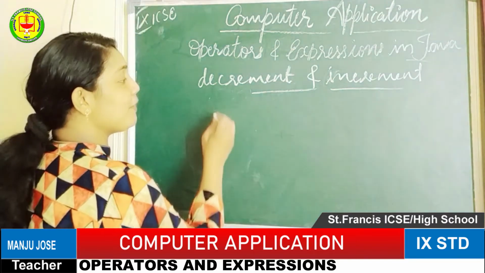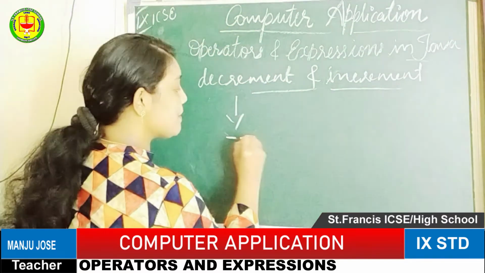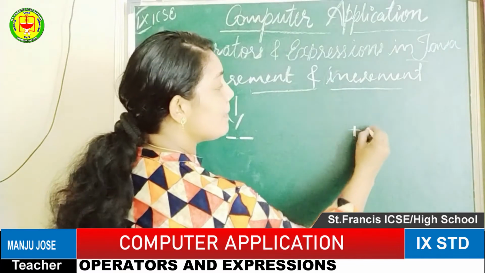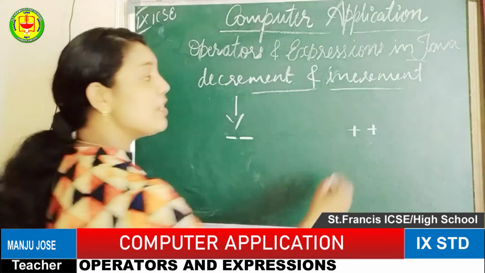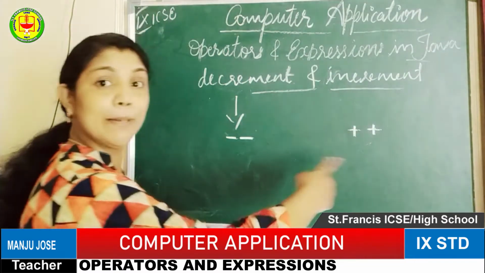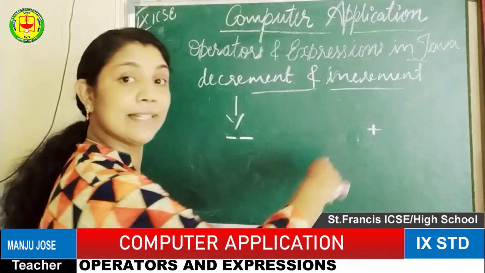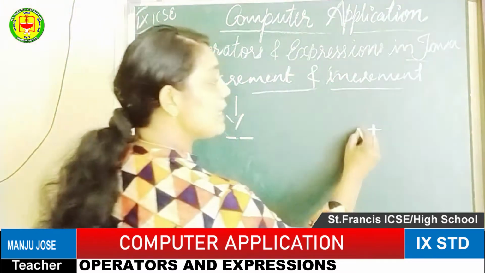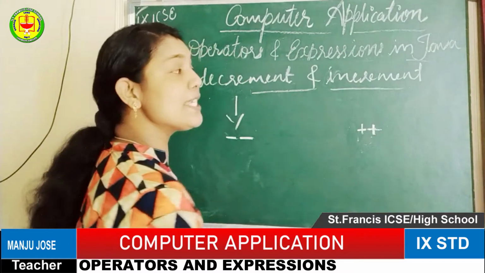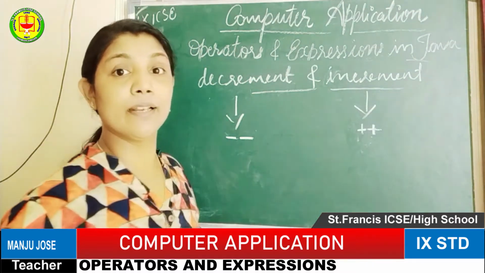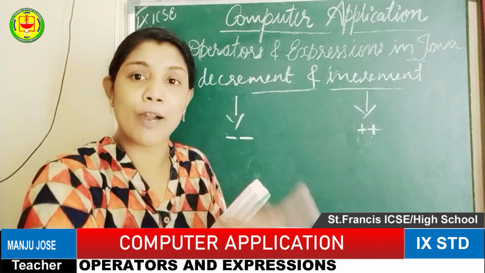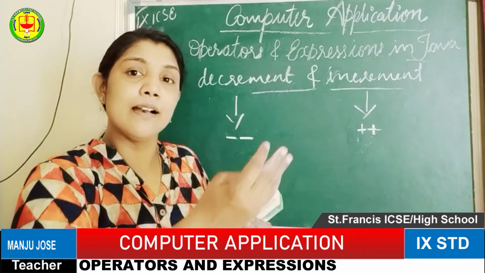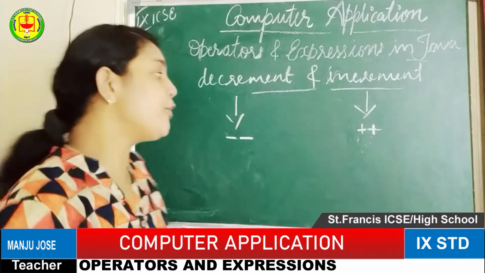So the decrement operator is minus minus, and the increment operator is plus plus. If it is single, that is the addition operator. Two addition operators together is called the increment operator. Incrementing means adding one more. Decrementing means minus 1.